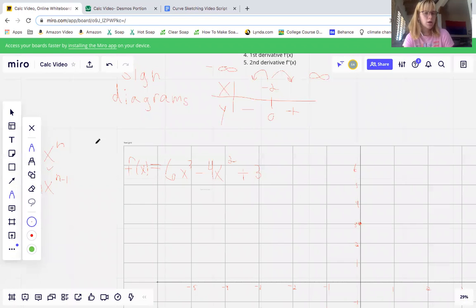Just to be sure, let's look at the end behavior of this graph. So let's take the limit as x approaches infinity. As x approaches infinity in this function, the most important thing that we want to look at is this first term.